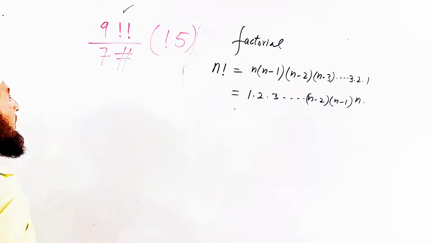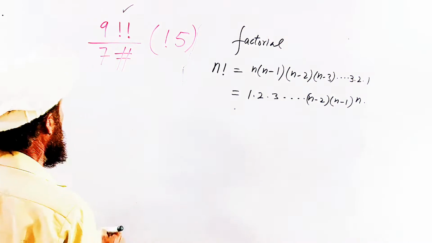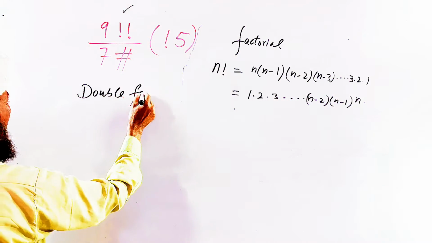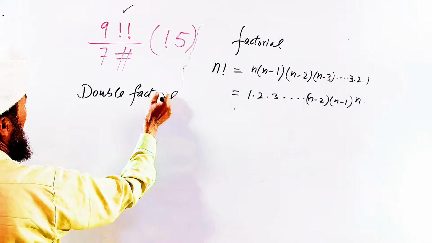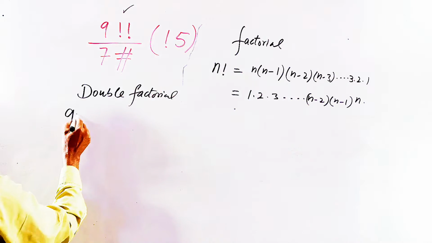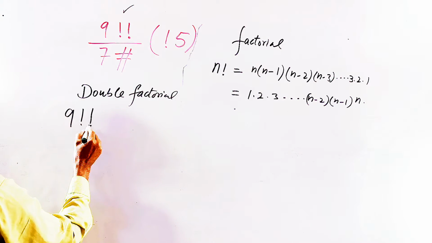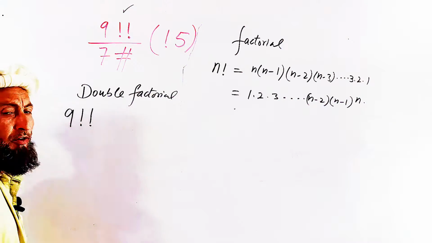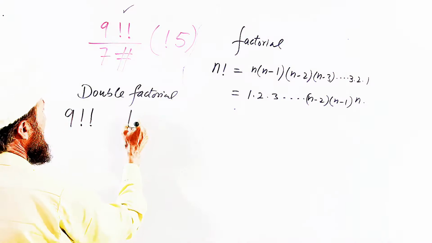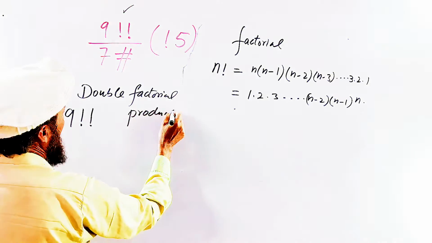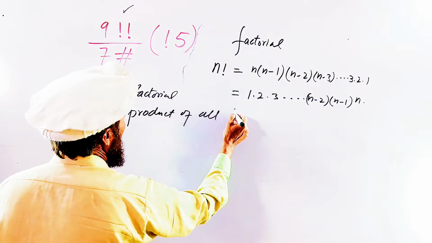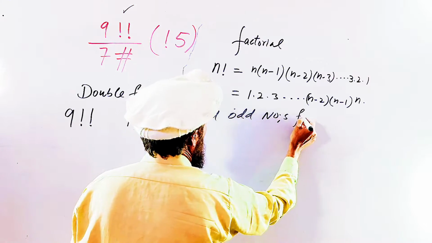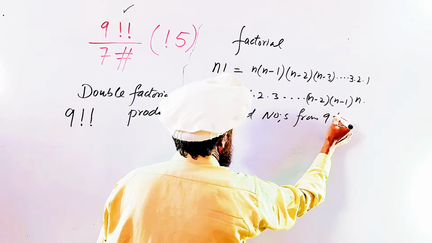If a double factorial is used, in this type of question, 9 double factorial means the product of all odd numbers from 9 down to 1.